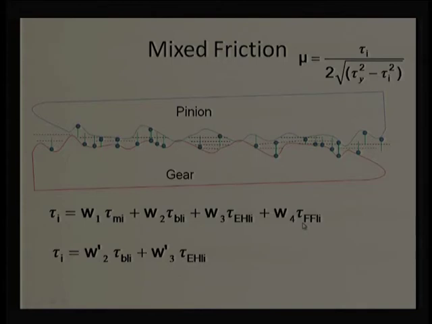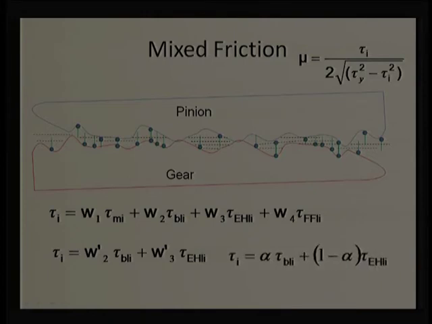That is why we are not accounting for tau mi and tau FFL. Naturally, these two values will differ. Now, there is a W prime 2, W prime 3, and this summation will be equal to 1, or in other words, W prime 2 plus W prime 3 will be equal to 1.0.